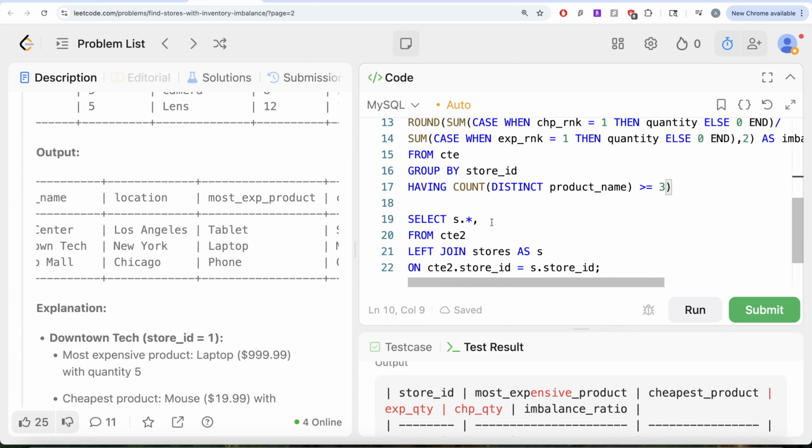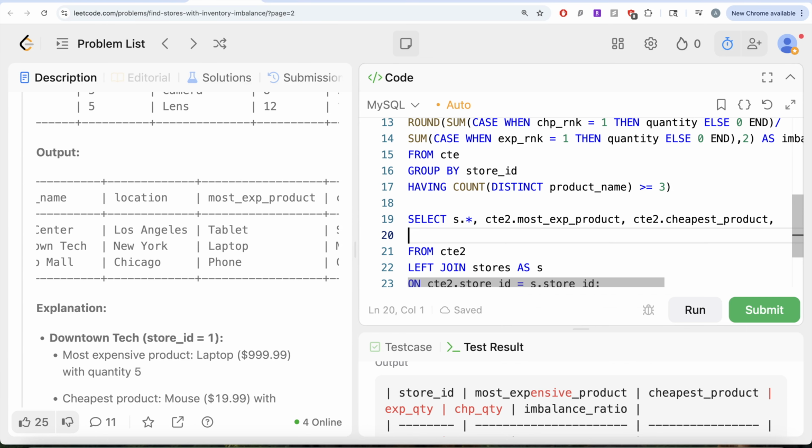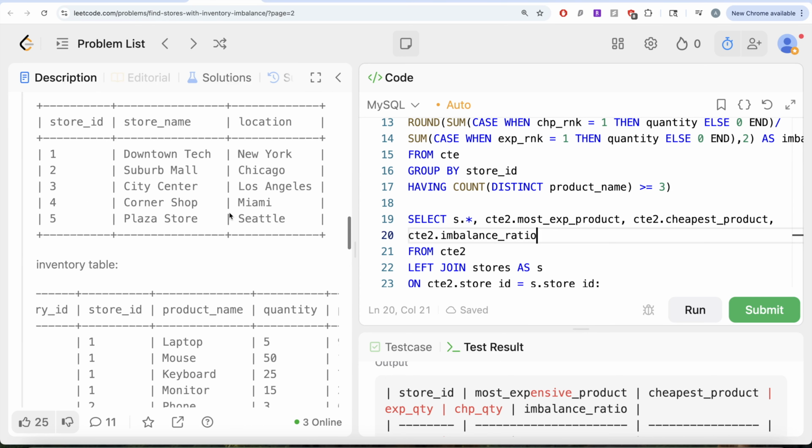So let us return cte2 most expensive product, cte2 cheapest product, and cte2 imbalance ratio, but only for those where the quantity of the most expensive product is less than the cheapest product, right?